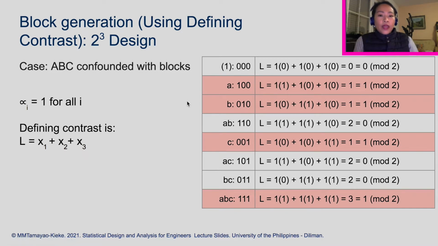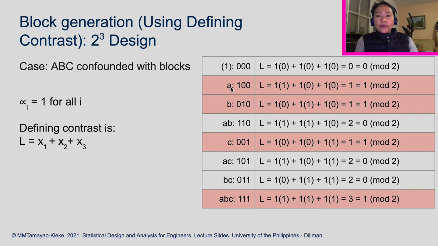Using this defining contrast, we can generate the values of the expressions for L for the different combinations, and then take L modulus 2. So, for example, we have here the treatment combination where A, B, C are at their low level, and this can be represented by 0, 0, 0.